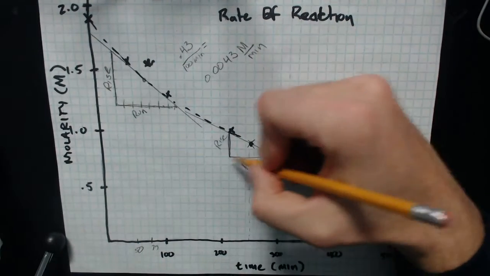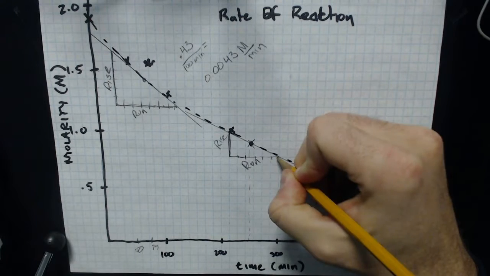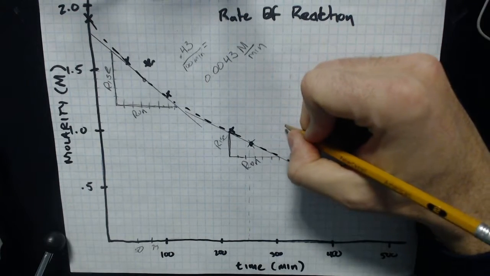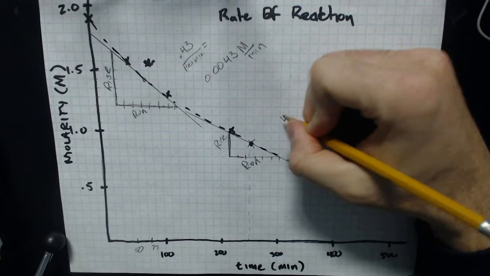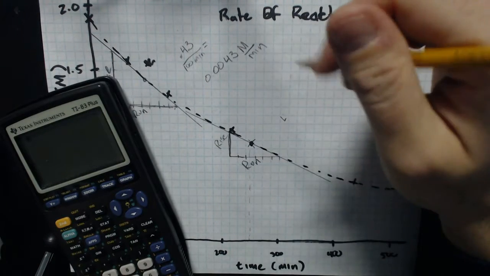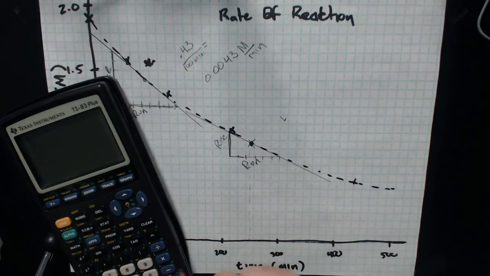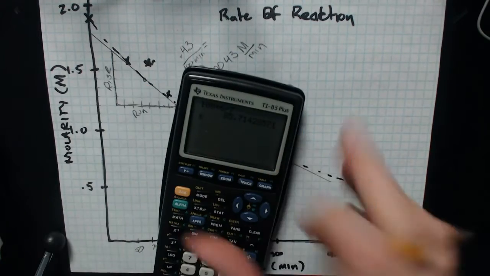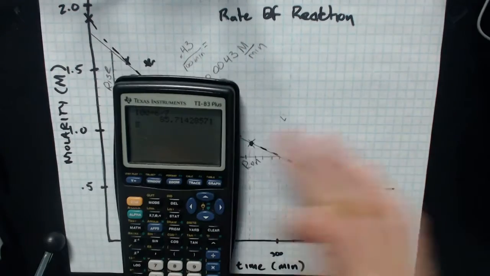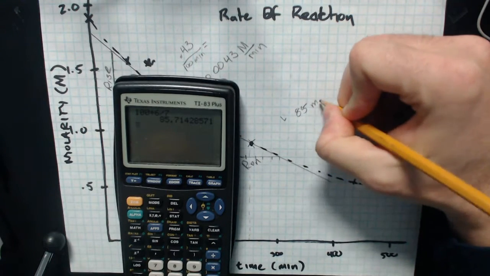And then now for this one, let's see, so 1, 2, 3, 4, 5, 6. So that's going to be 6/7 of 100, right? Because it's 6/7 of the way here. So 100 times 6 divided by 7. So that's 85 is the change there. Okay, so that's the change in time is 85 minutes.